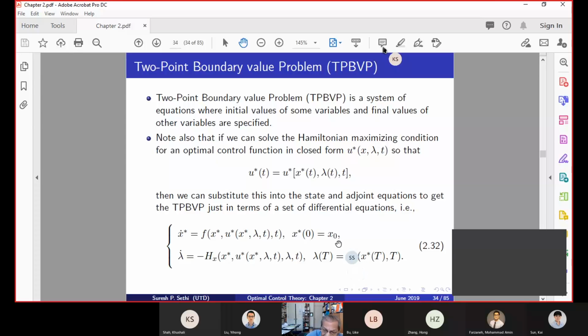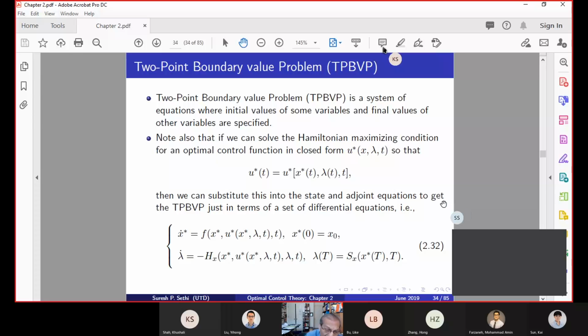If I have a fixed endpoint problem, then I have x0, but I also have x(T). So I have two conditions on x. But if I have two conditions on x, then I cannot have any condition on lambda, because there's no way I can have this set of differential equations with more than two conditions.